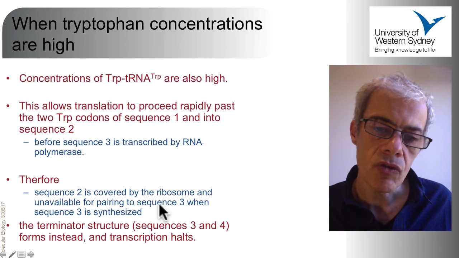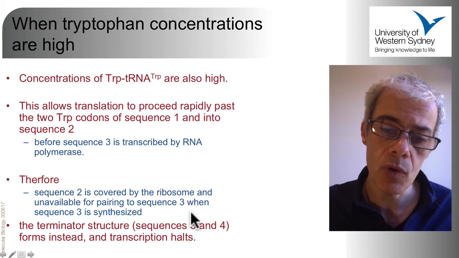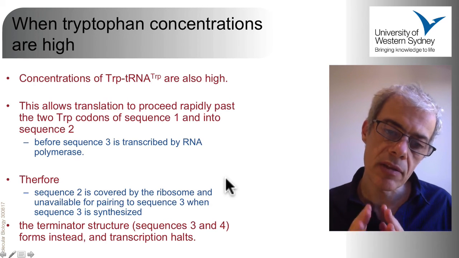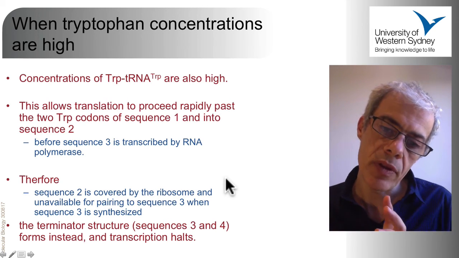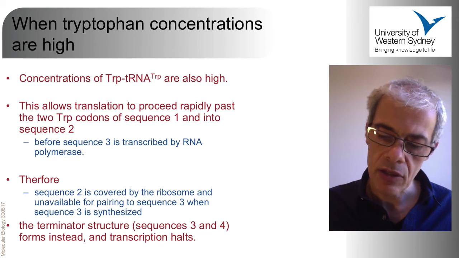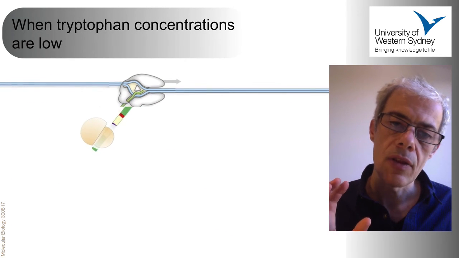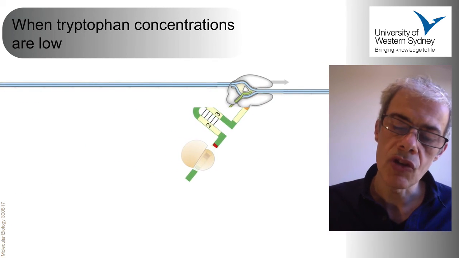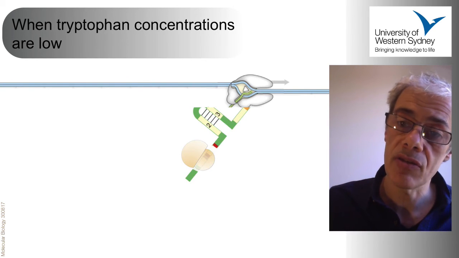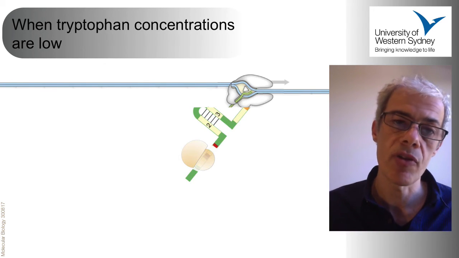So as regions 3 and 4 are transcribed, it allows a hairpin to form, and this hairpin, as it forms with the poly-U sequence as well, acts as a terminator to halt transcription. And don't forget, the structural genes haven't yet been transcribed. The leader sequence is before the structural genes of the trp operon.